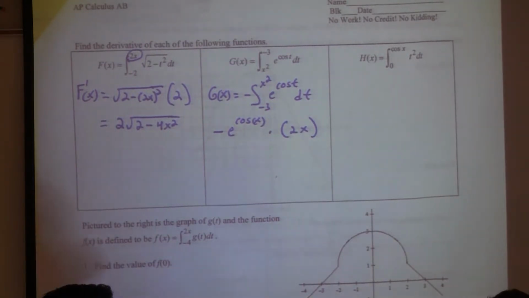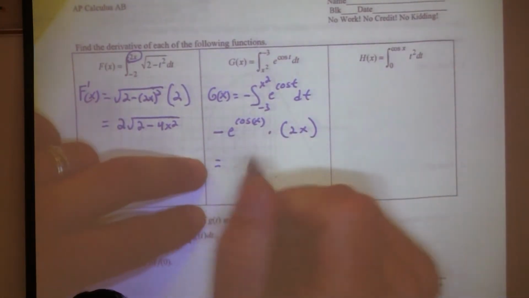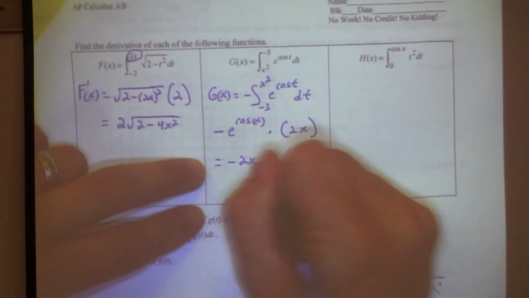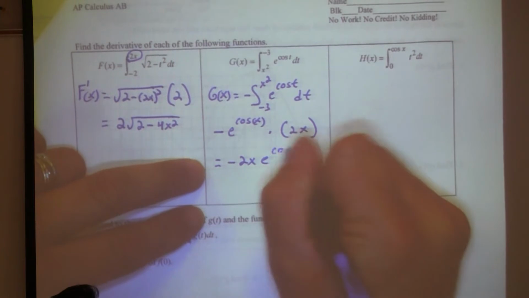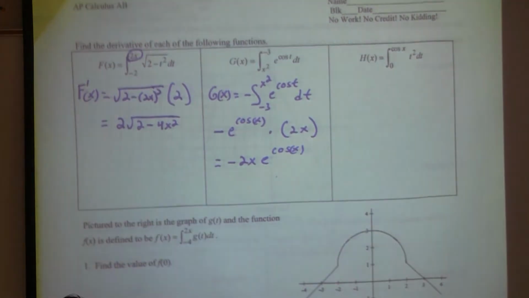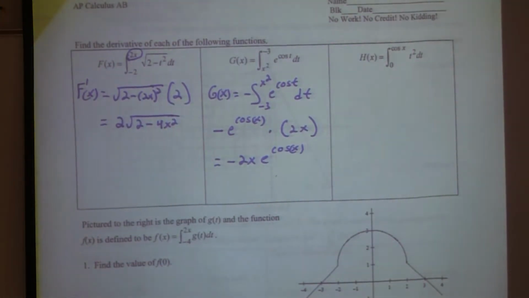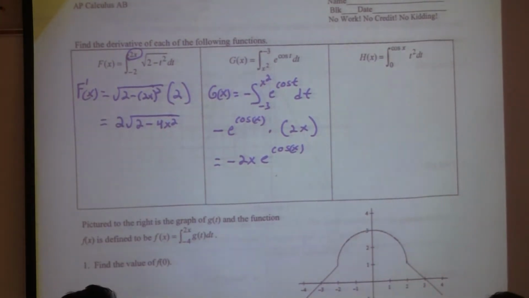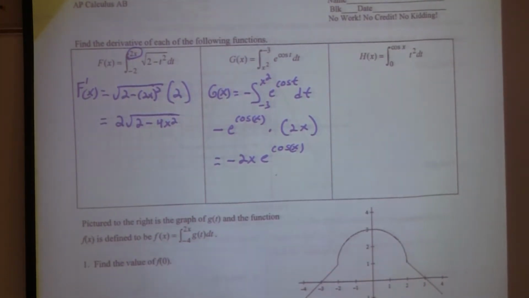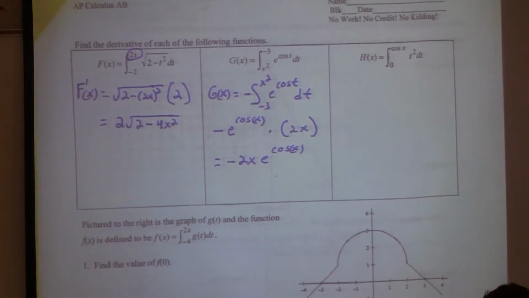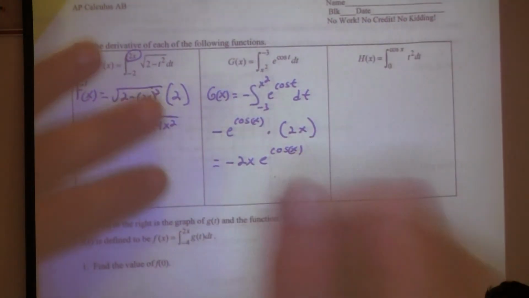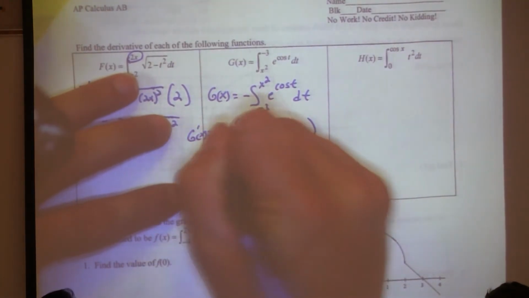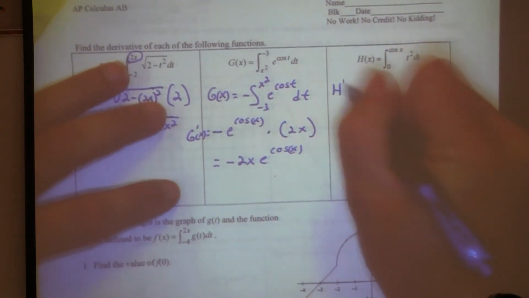So what do we end up with here? Negative 2x times e to the cosine. Cool? Easy? Try the last one. Oh, and I forgot to denote it as g prime, right? I'm sorry. H prime of x here.